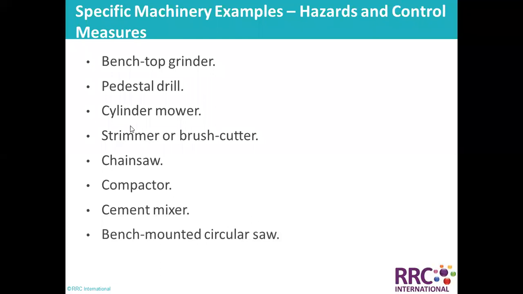These are some of the specific machinery examples, hazards and control measures, like bench top grinder, pedestal drill, cylinder mower or strimmer or brush cutter, chainsaw, compactor, cement mixer or bench mounted circular saw.